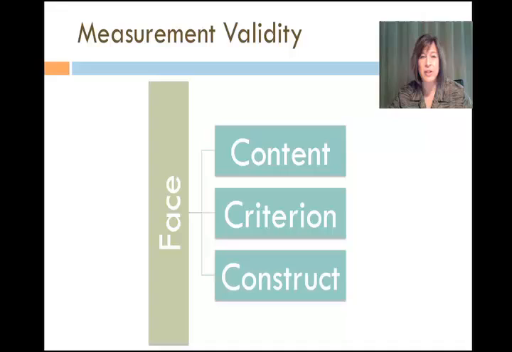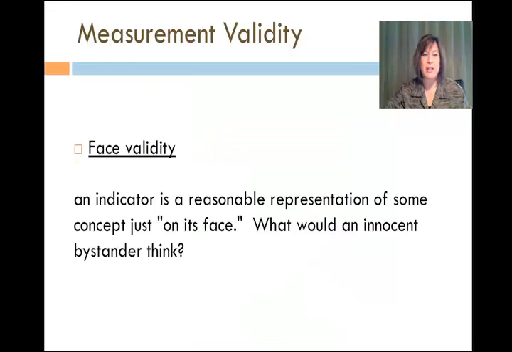The word face validity comes from the phrase, does the measure seem like a reasonable representation on its face? Does the measure appear relevant to some innocent bystander? So we're also going to talk about content, criterion, and construct validity. Let's go back to face validity first.